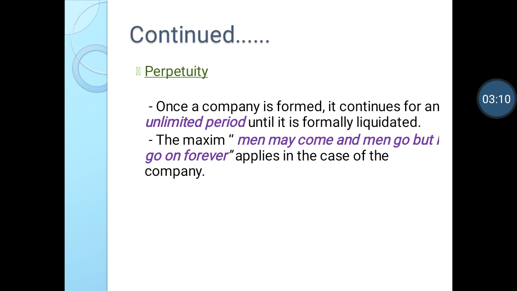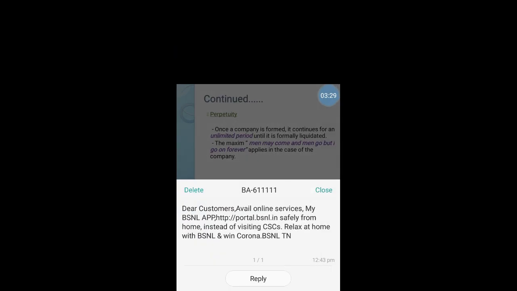Next, the second point is perpetuity. Perpetuity means an unlimited period. Men may come and men may go, but the company goes on forever. There is no ending point for the joint stock company.